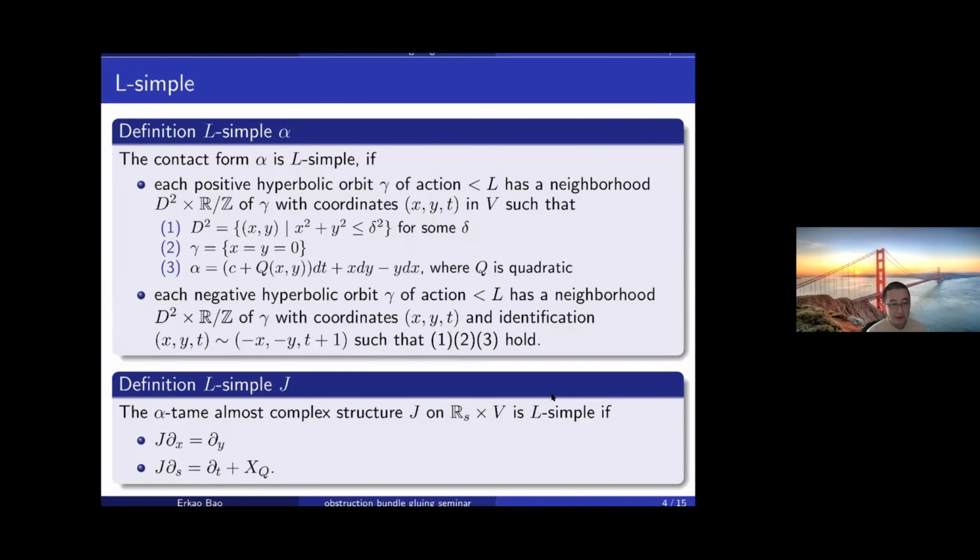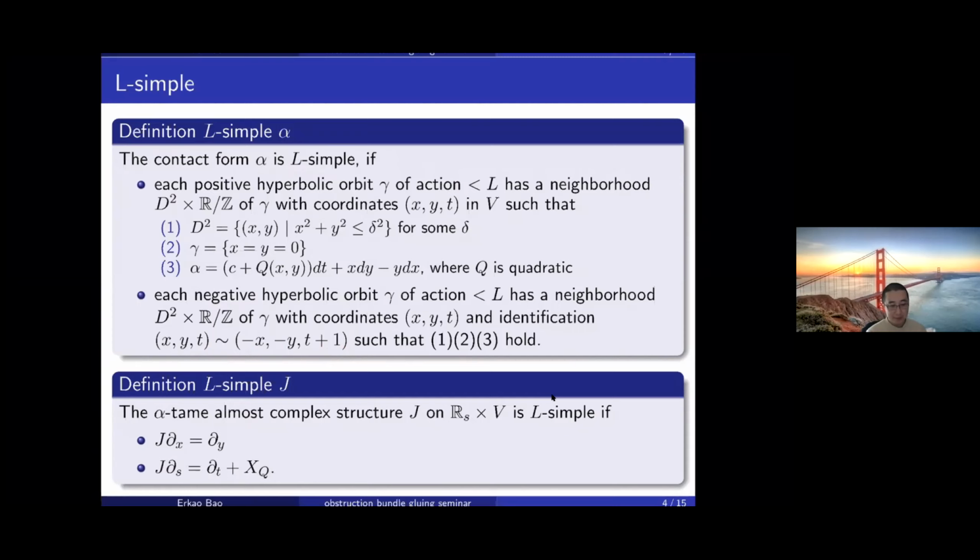If it's negative hyperbolic, the coordinates x, y, t need some identification: (x, y, t) is identified with (minus x, minus y, t plus 1).